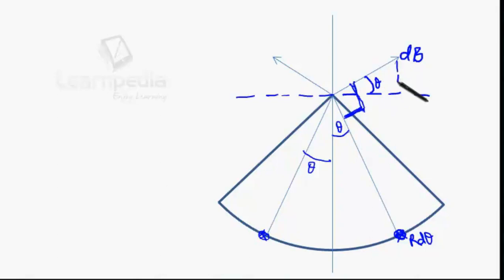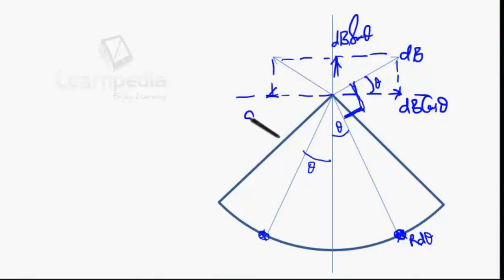So the component of dB in this direction will be dB cos theta, and in this direction the component will be dB sin theta. If we work similarly on the other side, the dB cos theta component will be just opposite to that, and the sin theta components will get added.